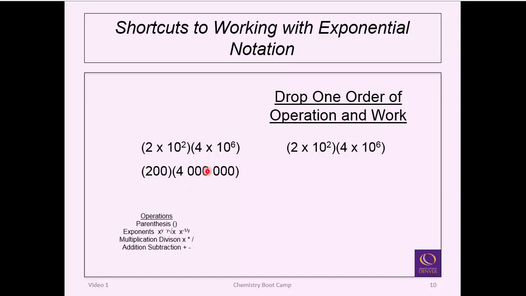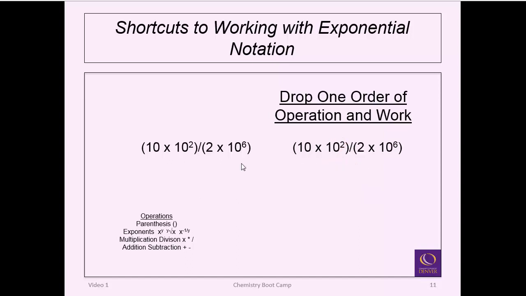This is 200. That's 4 million. You multiply it together. It's 8. And then you add all your zeros, 800,000. But if you do it this way, you can quickly get to that and say, okay, 4 times 2, that's 8 times 10 to the 8th. See how I drop? That's being multiplied, so drop one order of operations and just add it. There's your shortcut. Here's division.